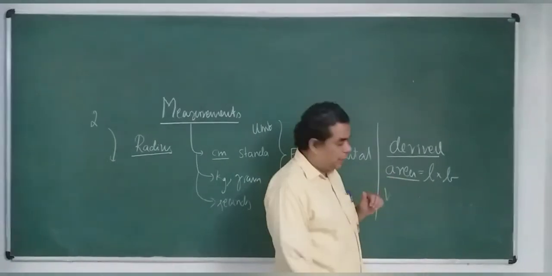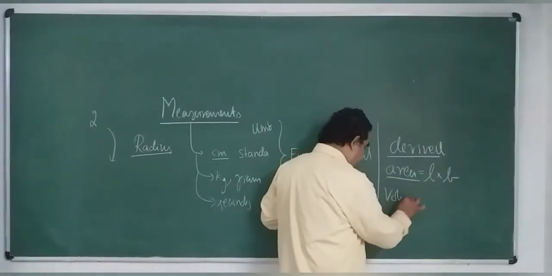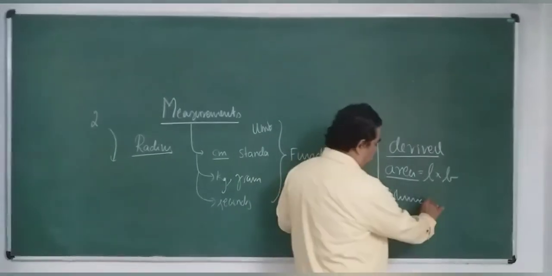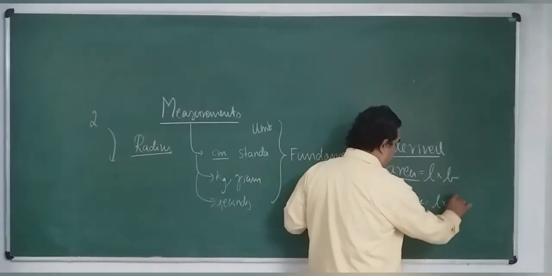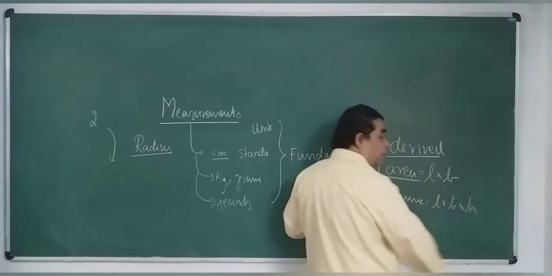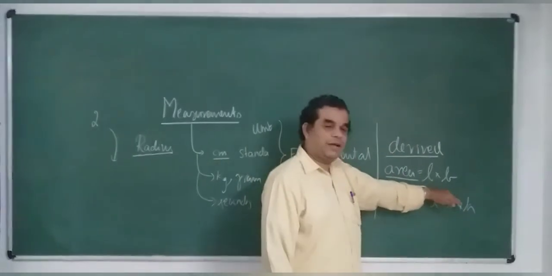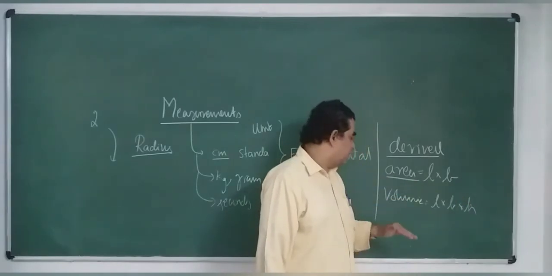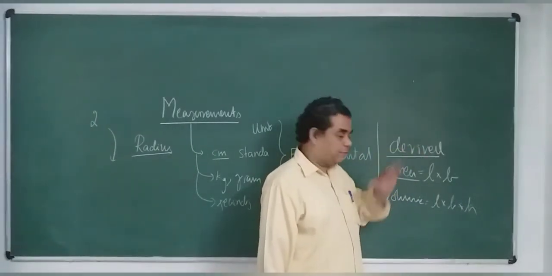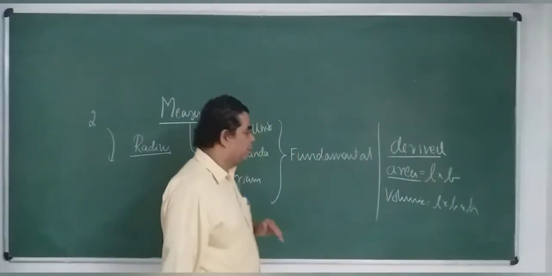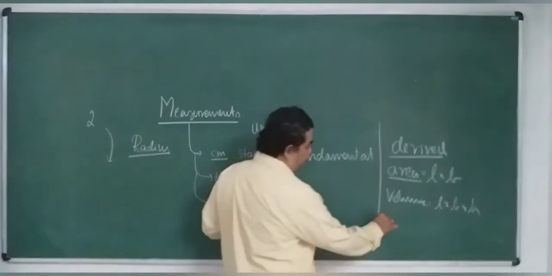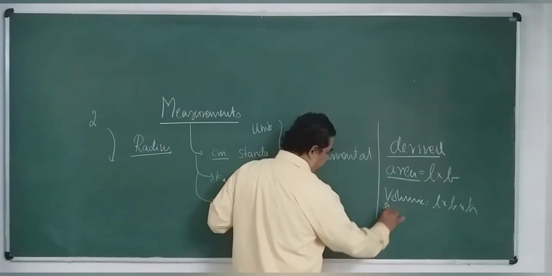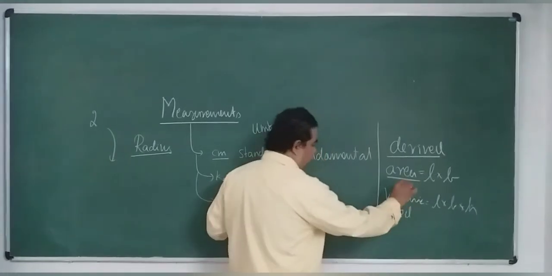In the same manner, another quantity we use in day-to-day life is volume. The volume of a cube or cuboid is length into breadth into height, where all three have the same units, centimeter, centimeter, centimeter, or meter. So volume is also a derived quantity or derived unit. Next, we think of speed.